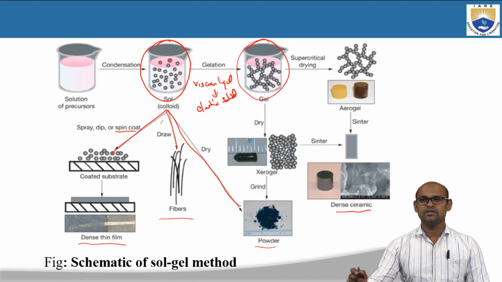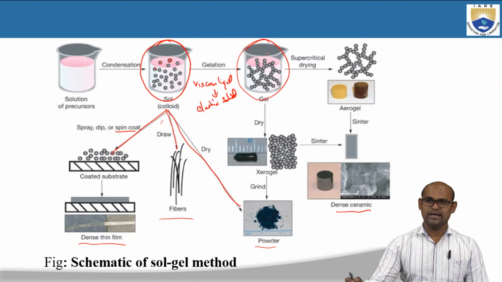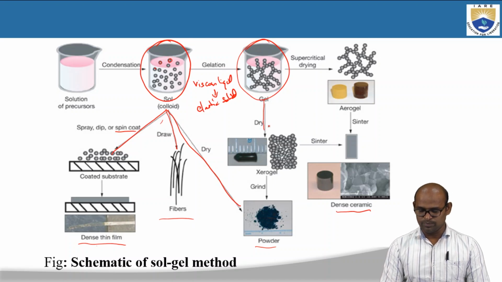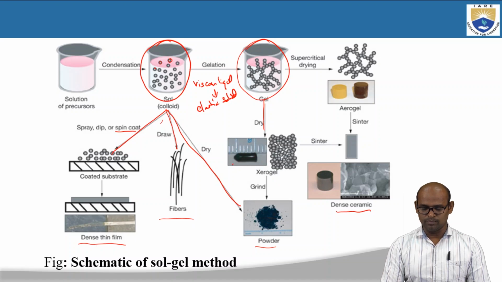Or if you wait for gelation time, you are going to find a gel which is having a network of polymers. So if you dry this gel, you are going to prepare thin wires, and then these wires we can grind, and we can get small grains or small wires.